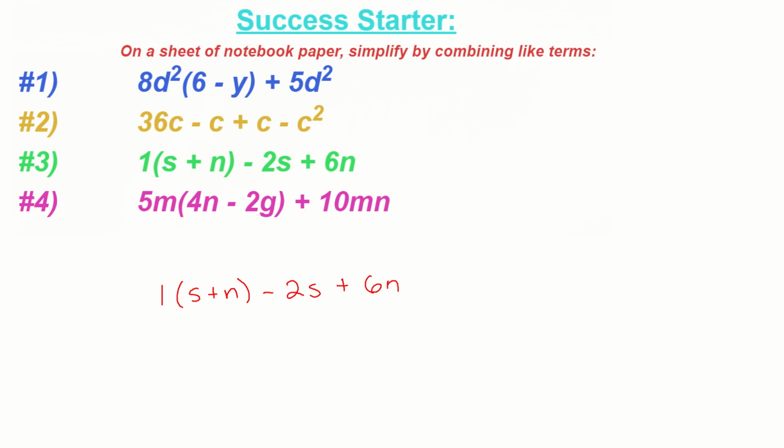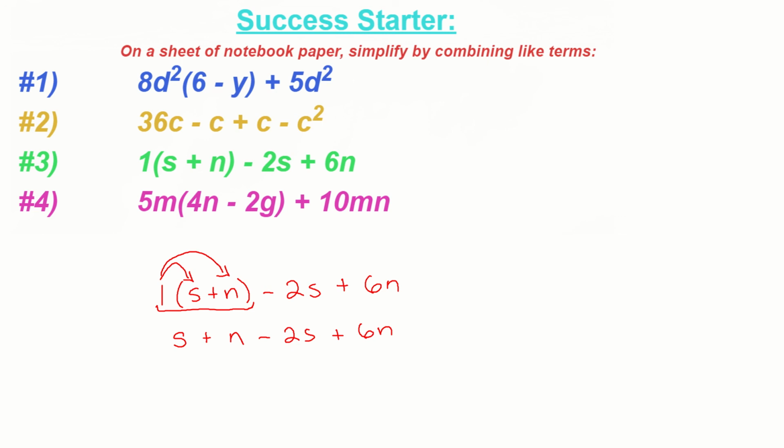We're still going to distribute this 1. 1 times S gives me just 1S or S. Put my plus. 1 times N gives me 1N or just an N. And now that I've simplified this, I can go on and bring down the rest of my expression.